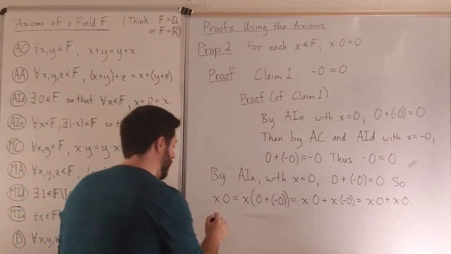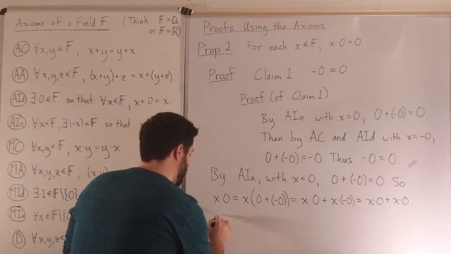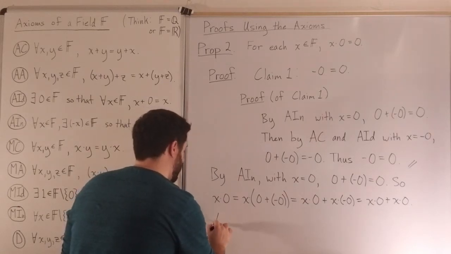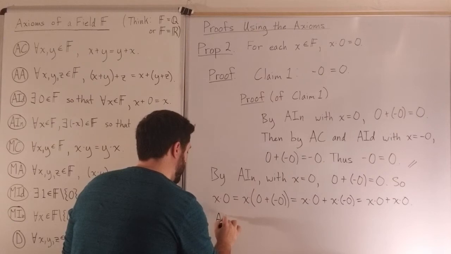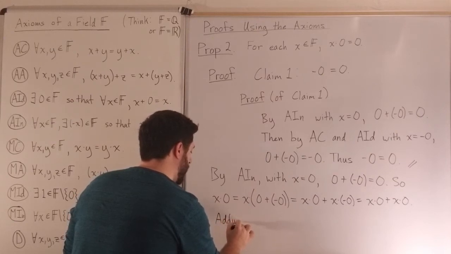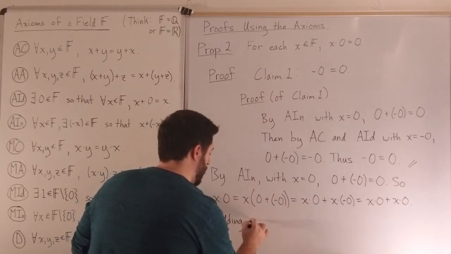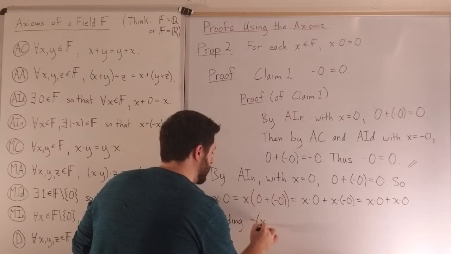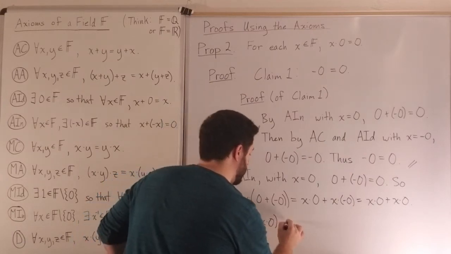Okay. So now we're going to add the opposite of x times 0 to both sides.